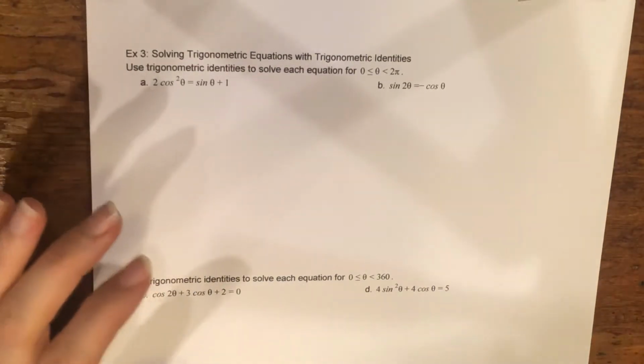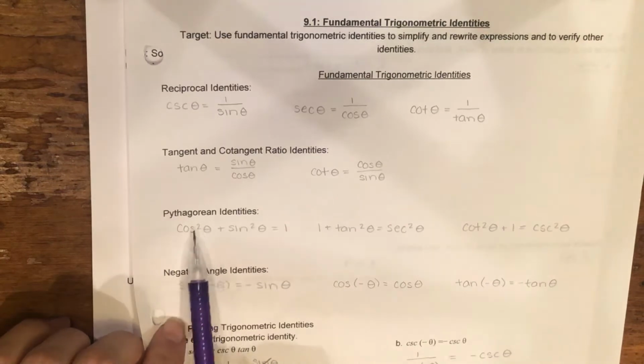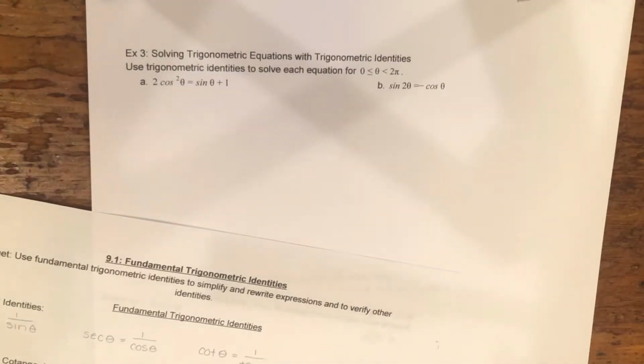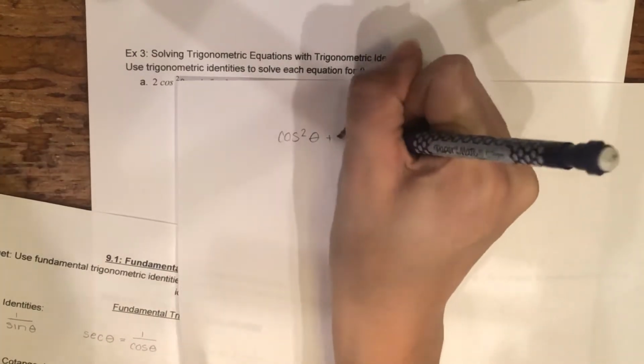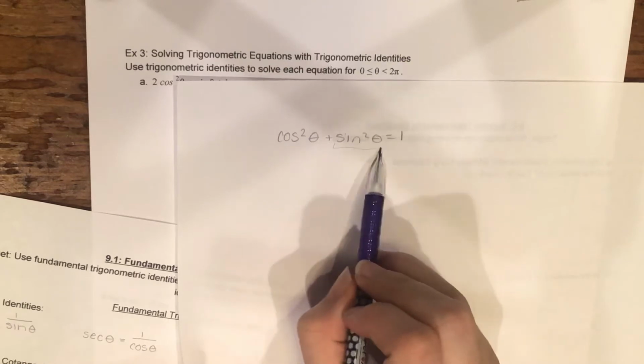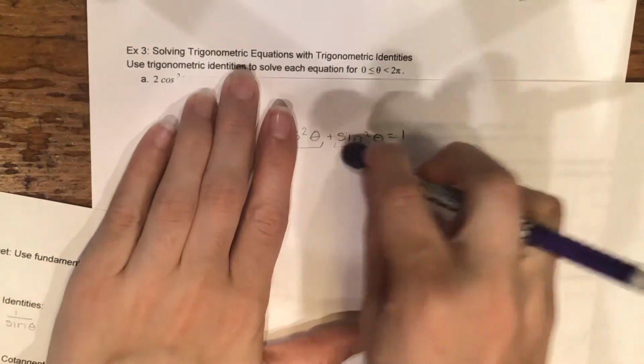So I'm going to look at my identities. I will help lead this one. I know that I can change cosine squared into something with sine squared. If you remember, I have cosine squared theta plus sine squared theta equaling 1, and I want the cosine squared by itself.